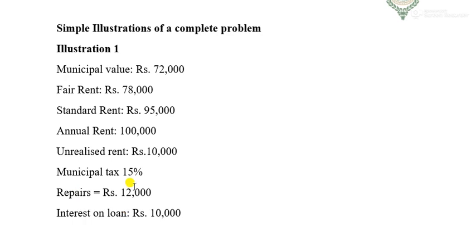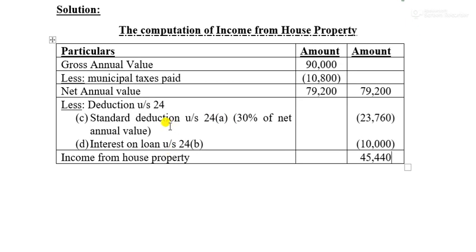I told you that we will not get any deduction for the amount of expenses incurred because we are already getting a 30% deduction. So 30% of the net annual value is 23,760. And lastly, interest on loan under section 24B 10,000 is also deductible. So this figure of 45,440 is my income from house property.